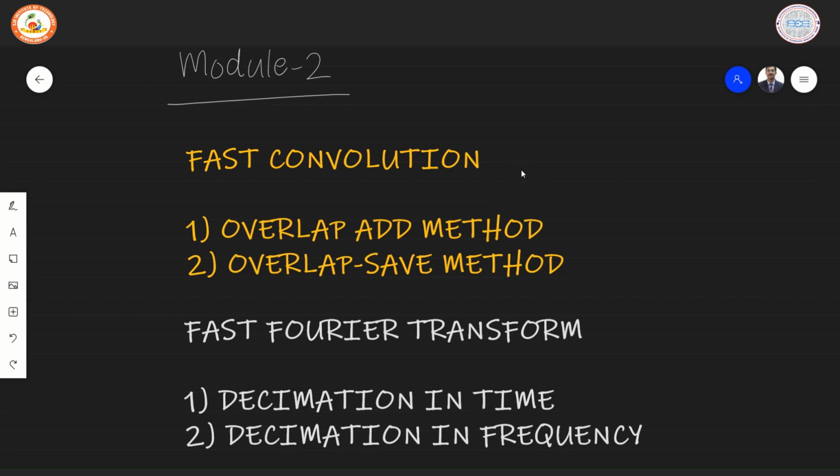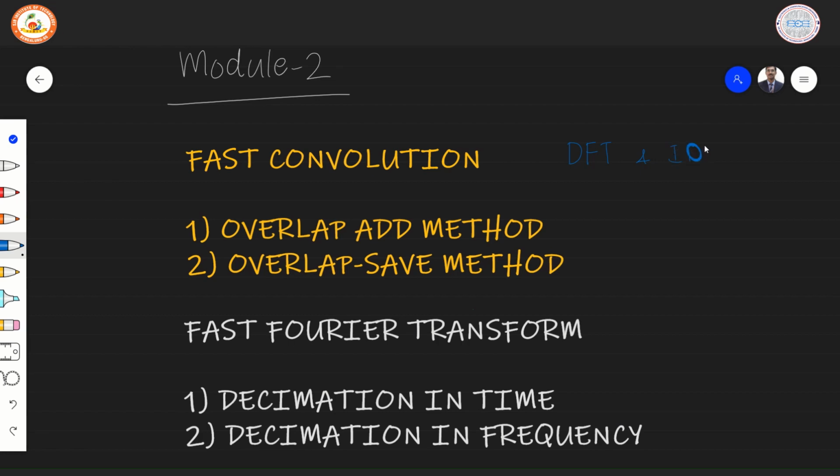Fast convolution is essentially the convolution of a long input sequence with the impulse response of a system in order to compute the output. The factor that speeds up the operation of convolution is the usage of DFT and IDFT.